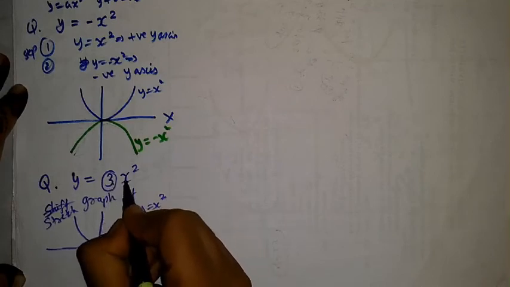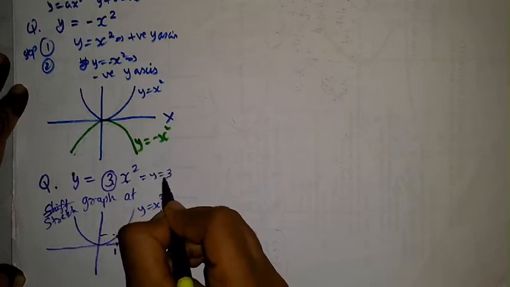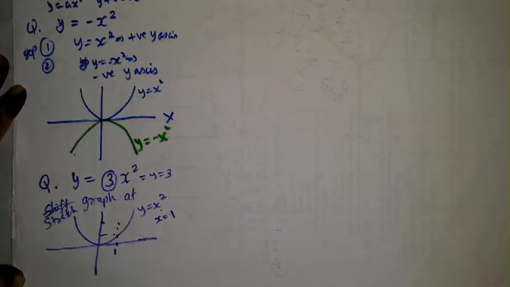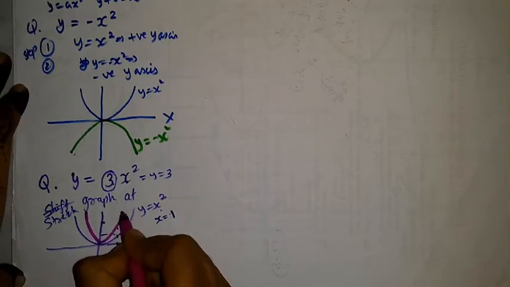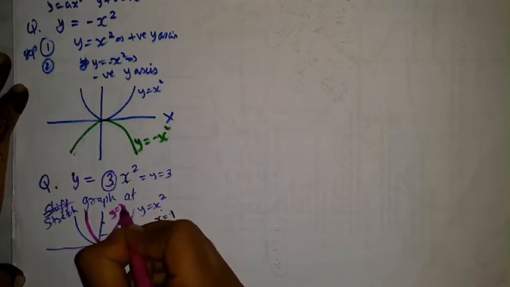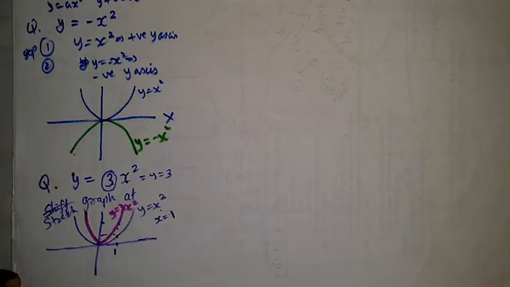When we put x is equal to 1 in y is equal to 3x square, we will get y is equal to 3. Do you see the graph here? It will be like this, meaning it will get stretched upward. So this way you can draw y is equal to 3x square.